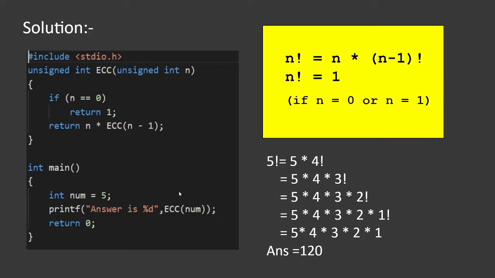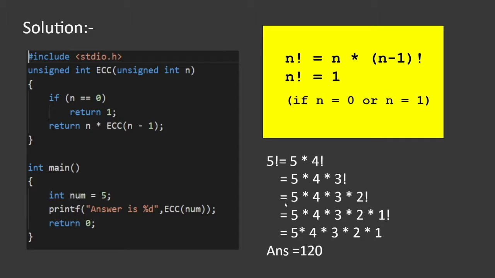So if we take the example of 5, we'll call the ECC of num function, then that will be equal to 5 factorial. So 5 factorial will be equal to 5 into 4 factorial, that is n minus 1. In the next step, 5 into 4 into 3 factorial, one number less than the previous number.